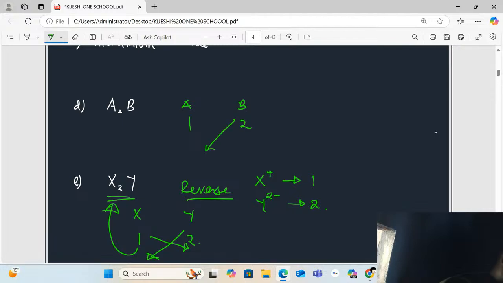Therefore, during the exchange, they were able to form this. Therefore, I can write A was the cation, A positive, whereas B was the anion, like this. Therefore, with the valency of 1 for A, with the valency of 2 for B.